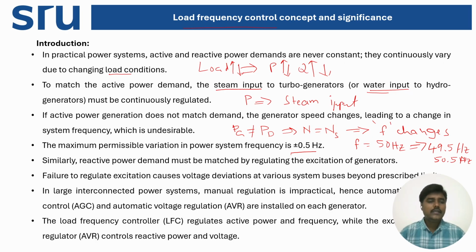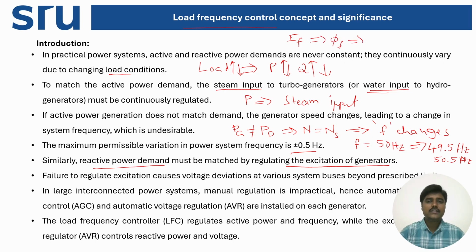Similarly, if the reactive power demand is not matching the generation, then we have to regulate the excitation of the generator. Once you change the field current of the generator, you can change the field flux.